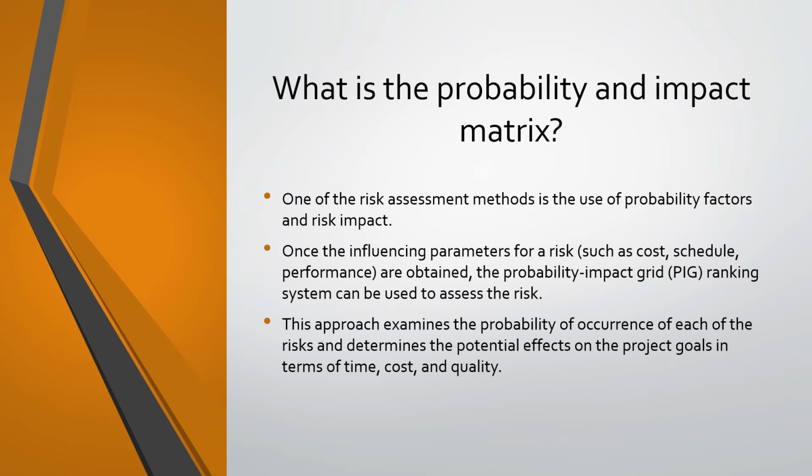What is the probability and impact matrix? One of the risk assessment methods is the use of probability factors and risk impact. Once the influencing parameters of a risk, such as cost, schedule, and performance, are obtained, the probability impact grade ranking system can be used to assess the risk.